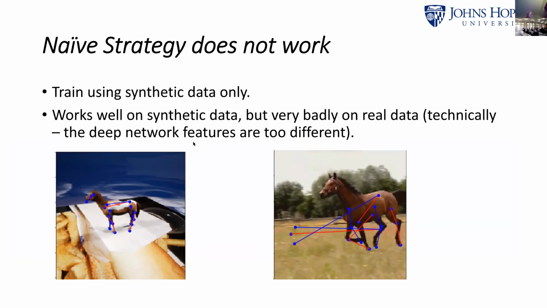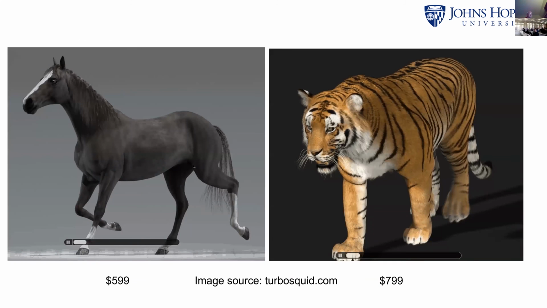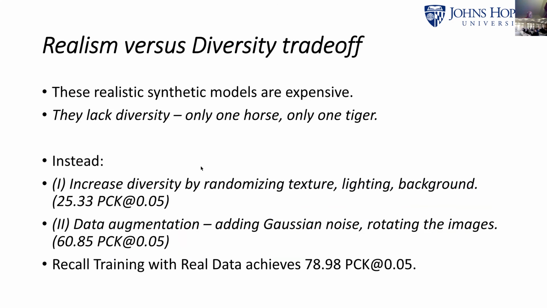And so we use a very simple synthetic model, put in a lot of viewpoint diversity, and what does it do? If you just train on the model itself, the computer graphics model, you get performance of 25.33, which is not very good. With the real data, if you got the annotations, it is 78.9.